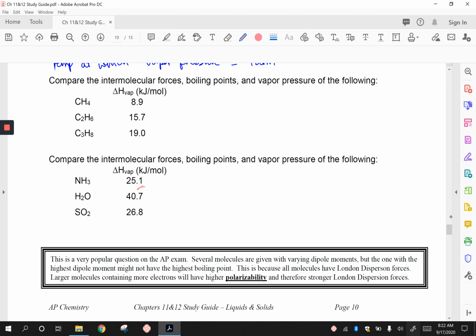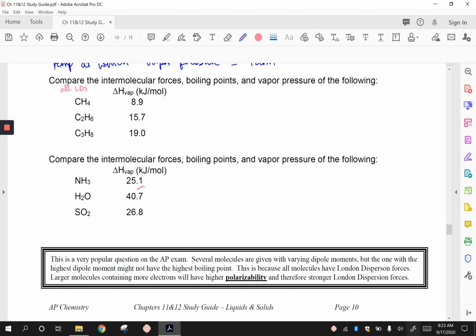If you look at these, these are all nonpolar, and so they all have just London dispersion forces. So all LDFs. And with London dispersion forces, the more electrons and the bigger the molecule, the stronger those intermolecular forces are.